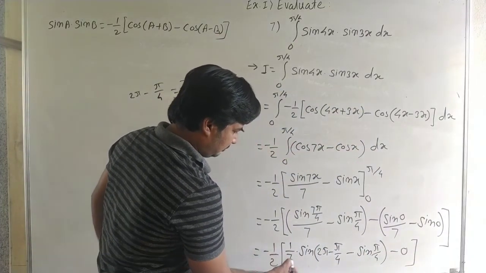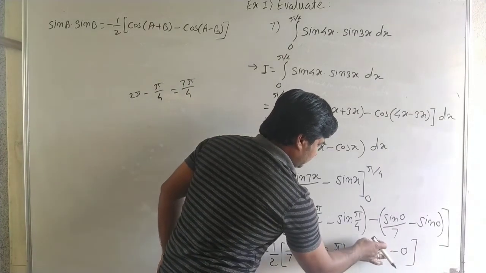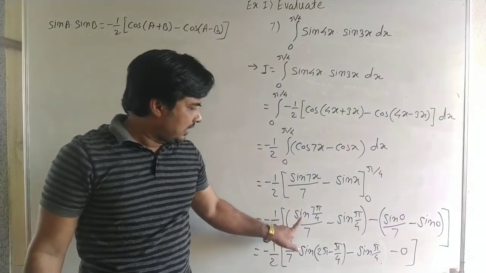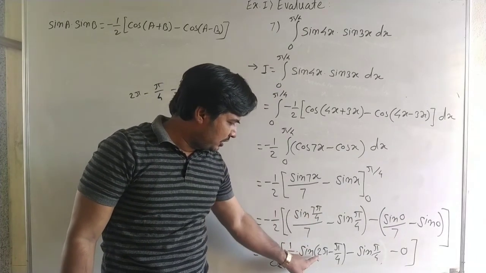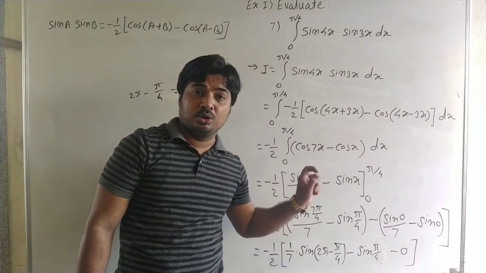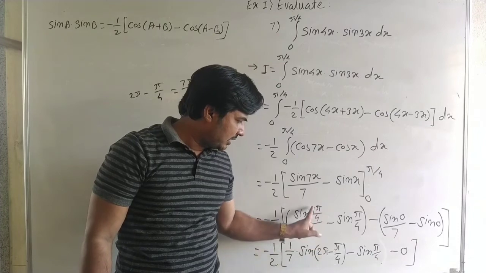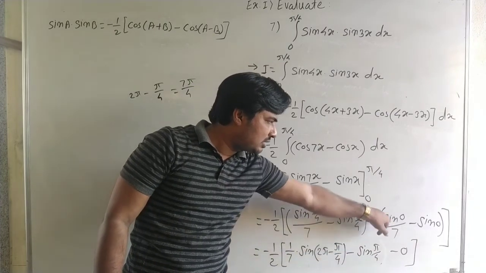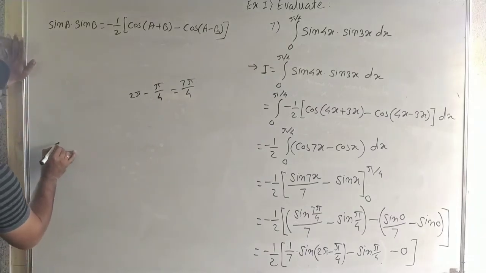Here 1 by 7, sin 7 pi by 4 is sin(2 pi minus pi by 4); 2 pi minus pi by 4 is 8 pi minus pi, which is 7 pi by 4, and sin pi by 4 as it is, and the last two terms are 0. Then the last answer we can write.